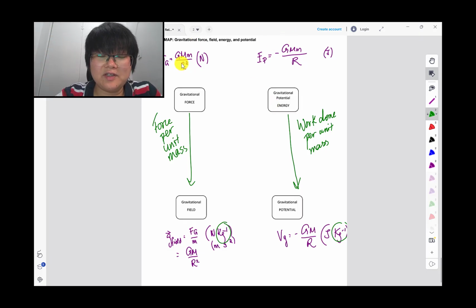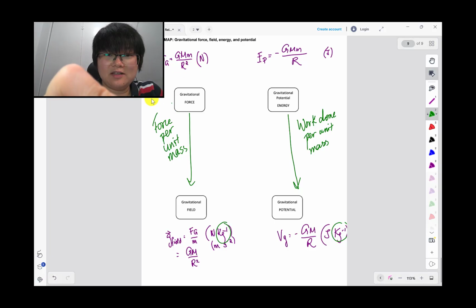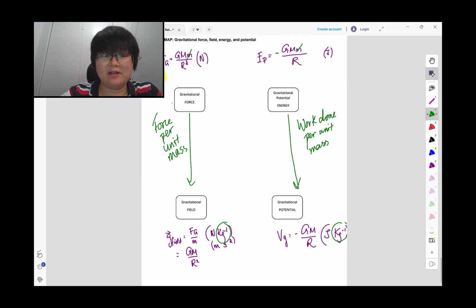In terms of the equations themselves, you might notice that if we cancel out the test mass m, that gives us our gravitational field from the gravitational force equation, and for EP, gravitational potential energy, to potential, one of the small masses goes away.